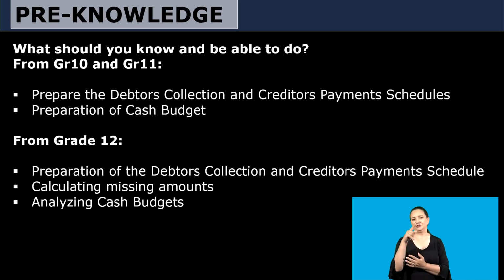Especially in grade 11, you did the debtors collection and the creditors payment schedules, and you also prepared the cash budget. In grade 12, we will do the preparation of the debtors collection and the creditors payment schedule. We will not prepare the entire cash budget, but we will calculate certain amounts that may be missing, and then we'll also analyze the cash budget.